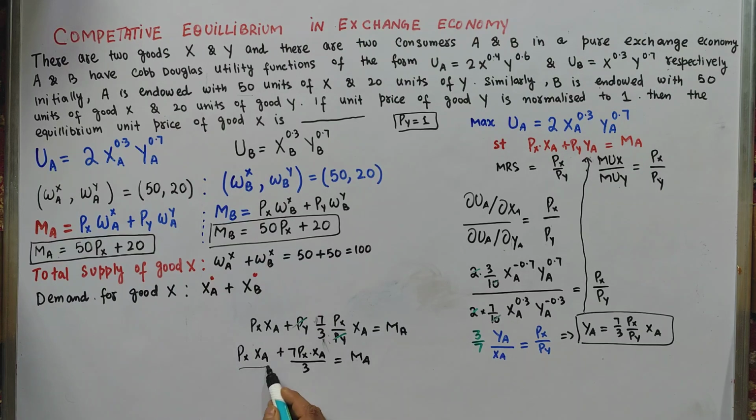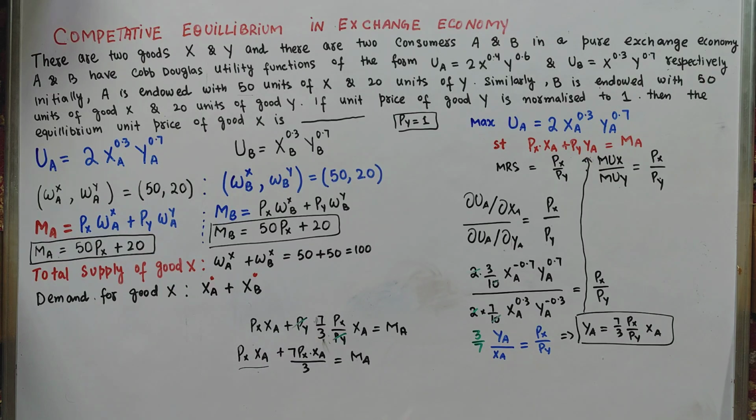Okay, so doing cross multiplication, 3 p_x into x_A plus 7 p_x into x_A, since these are like terms, we can add them up. So this becomes 3 plus 7, it comes out to be 10. So we will get 10 upon 3. So x_A will be equal to 10 upon 3.